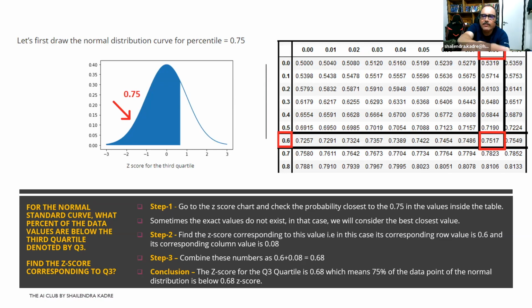So the area which I am covering of this curve, is it increasing or not? Yes, sir. It will go on increasing till 3, right? At minus 3, the area which I am covering is 0, and at 3, I will cover the complete curve, right? So the area will be 1. So CDF is always an ever increasing function. Got it?